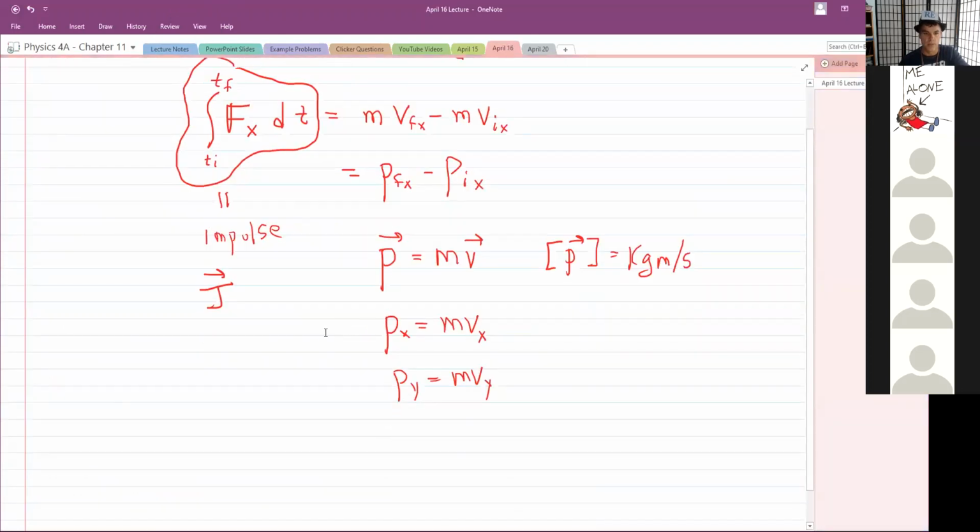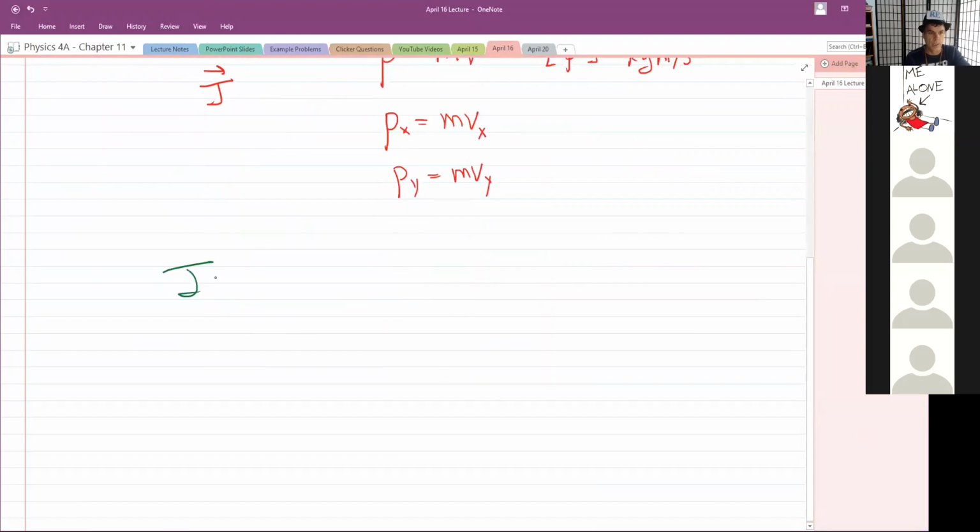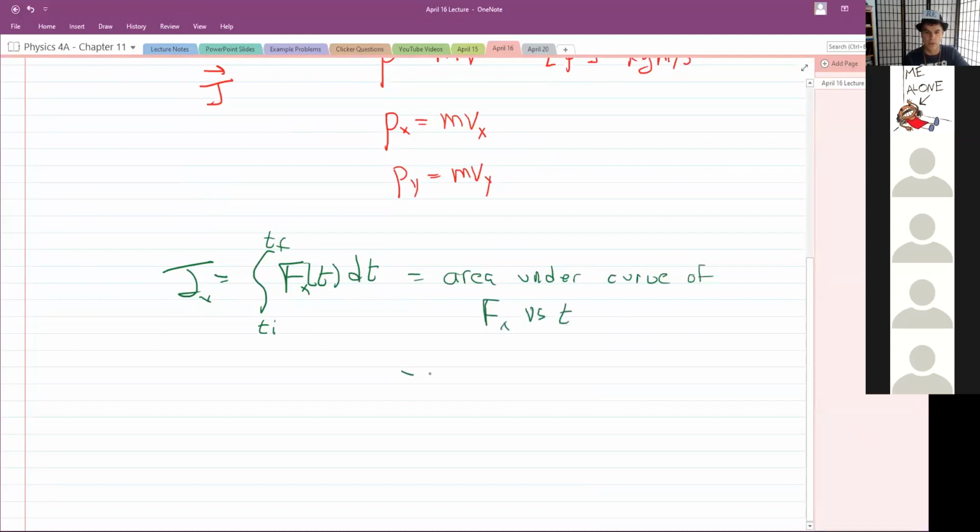So, impulse is the integral of the force, and let's look at the impulse in the x direction, with respect to time from t initial to t final, which is equal to the area under the curve of Fx versus t, but it's also equal to the average force in the x direction times delta t. Okay, little recap.